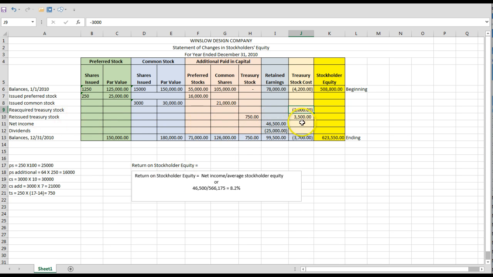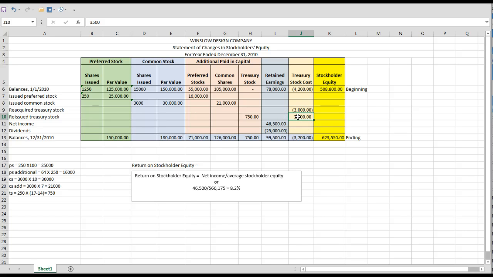Next thing they did is they came down here and reissued it. They sold it, reissued it at $17 a share. And they're using FIFO.